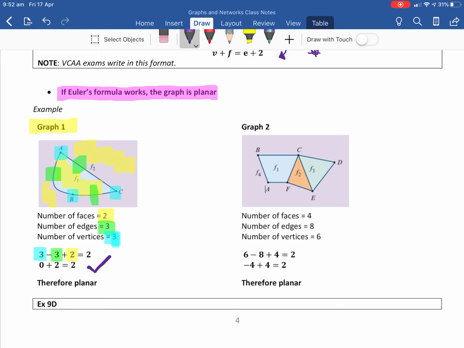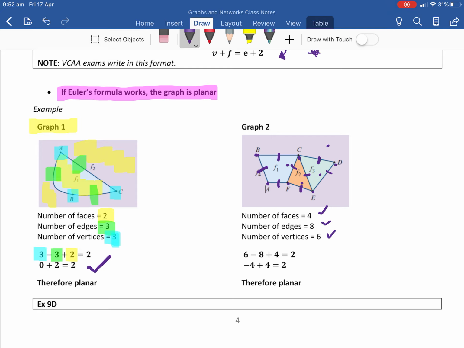So for graph 2, again, same kind of thing. You need to find the number of faces. So you've got 1, 2, 3, 4. Good. Number of edges: 1, 2, 3, 4, 5, 6, 7, 8 edges. Number of vertices: you've got A, B, C, D, E, F, which is 6.